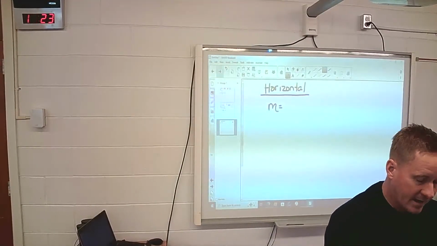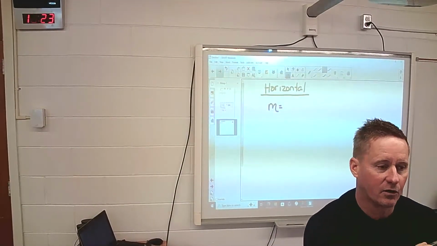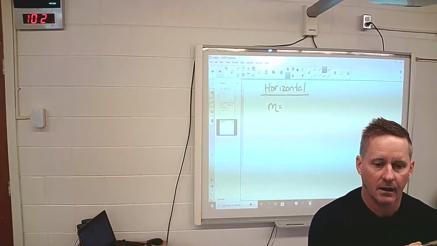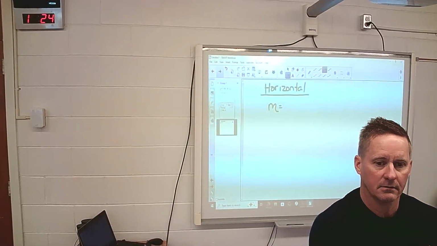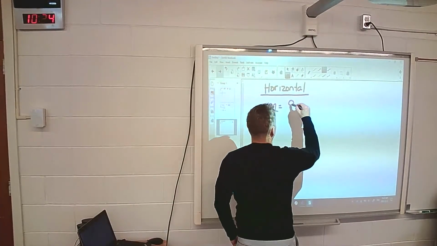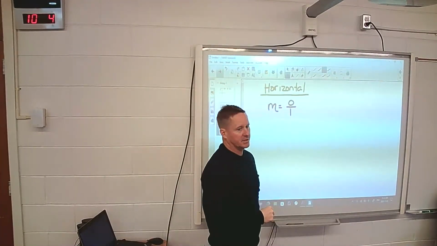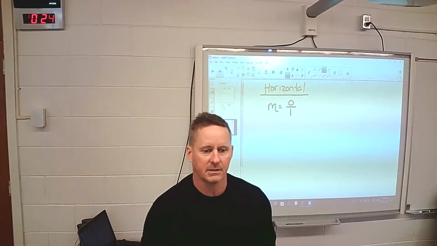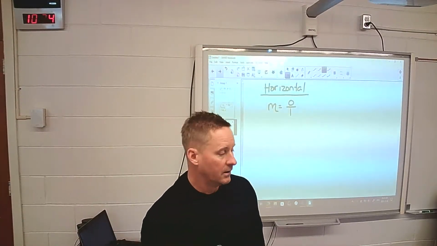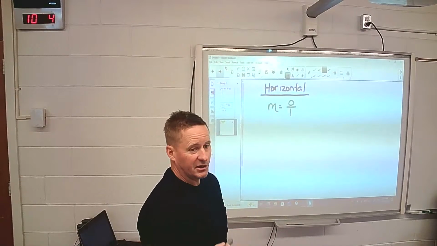If you look at the line going straight across as it is, what is the rise on that line? 0, right? It is 0 over 1 or 0 over 100. It doesn't matter because it's 0 divided by a number, which is just 0. So for a horizontal line, your slope is 0.